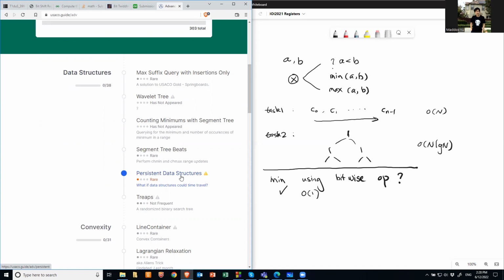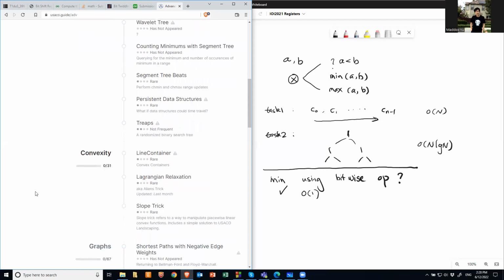That was a persistent data structure problem, right? You build a persistent segment tree for each robot that you're building. And trips, we talked about one of the problems from last season. USACO Platinum can be solved much more easily if you know how to do trips, even though trips is beyond the IOI.